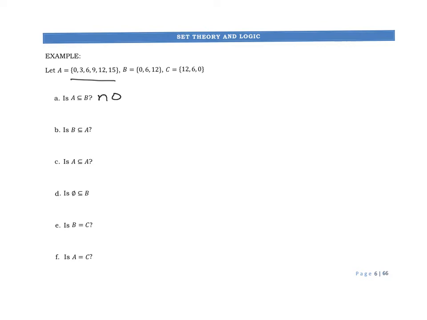Well, I believe our answer is going to be yes, because is 0 found in set A? Yes. How about 6? Yes. How about 12? Yes. So B is a subset of set A.